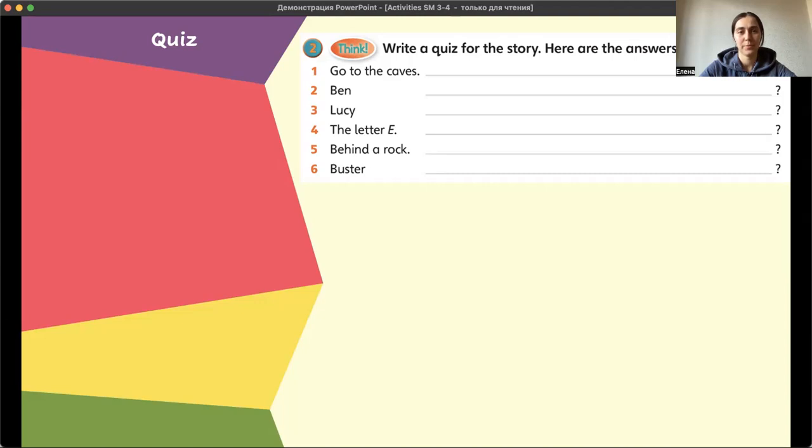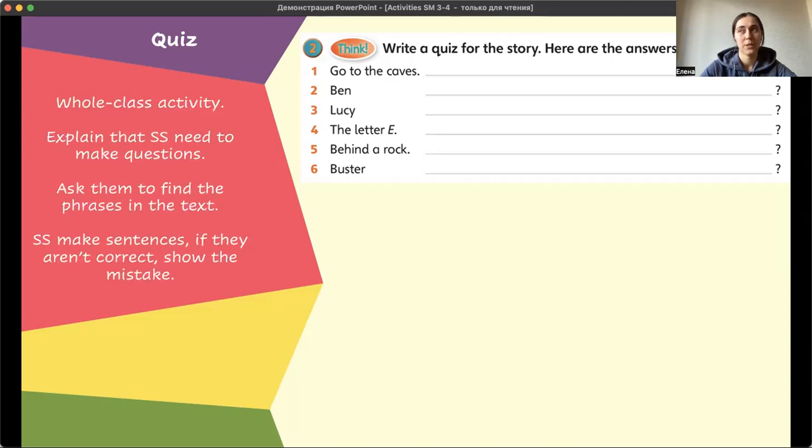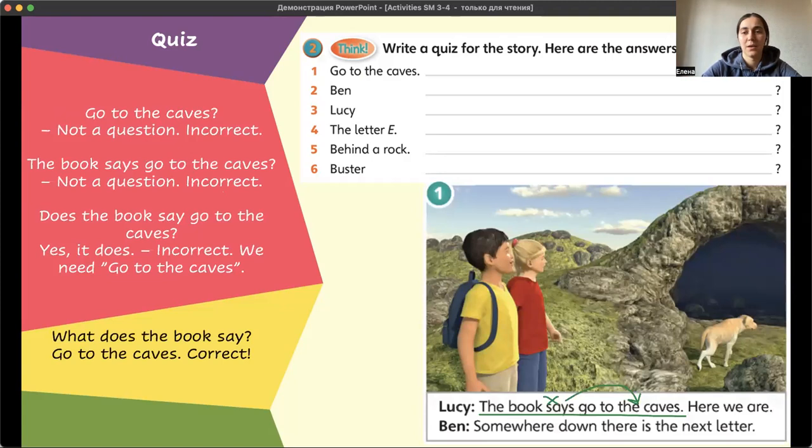So what I do, we do it as a whole class activity, because if they work individually, they write anything, but not the correct variants. So I ask them to find these phrases in the text, like go to the caves. We can underline this phrase, and then I ask them to make questions.